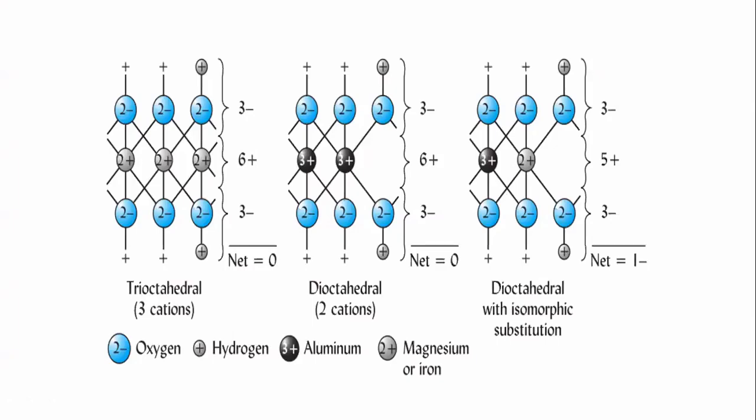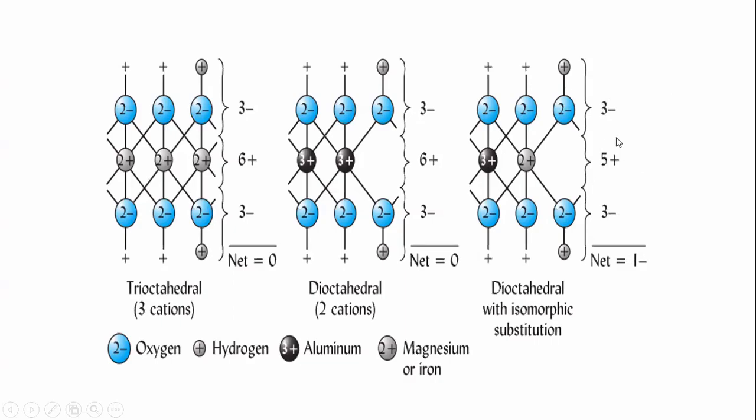Why? Here the center element's net charge is 5 plus. Anyhow, the apical elements' charges are 3 minus. As usual, this is shared. One oxygen should be shared here, so there should be 3 minus and 3 minus, and there should be 1 minus.